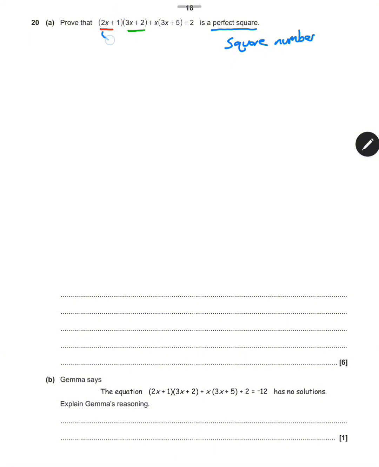We've got 2x multiplied by 3x. 2x times 3x is 6x squared. We've got 2x multiplied by 2, so that would be 4x. We're now going to do 1 times 3x, which is 3x. I'm going to do 1 times 2, which is 2.